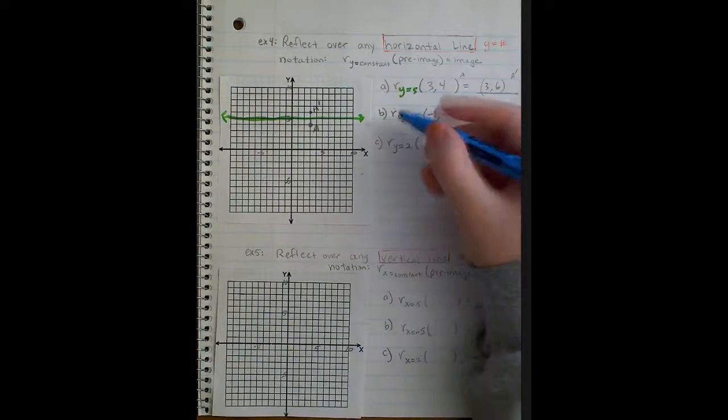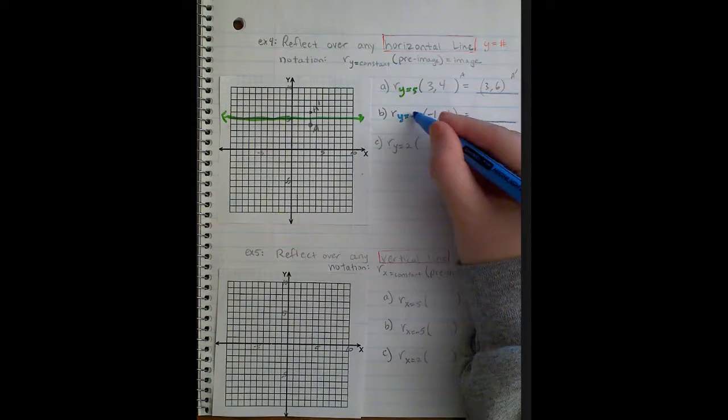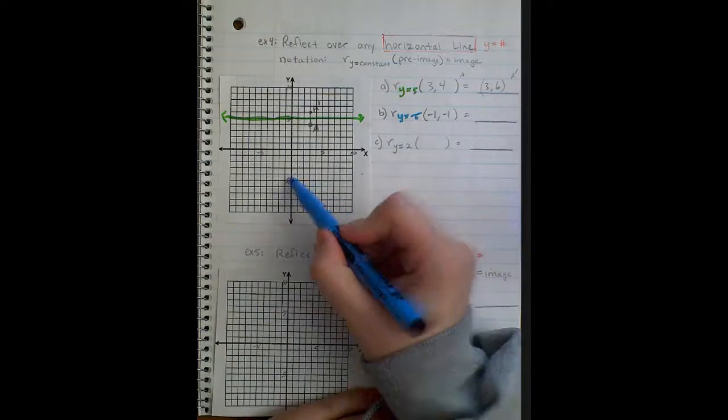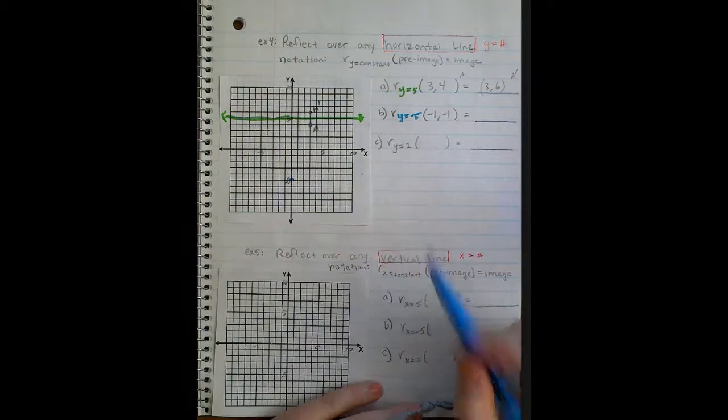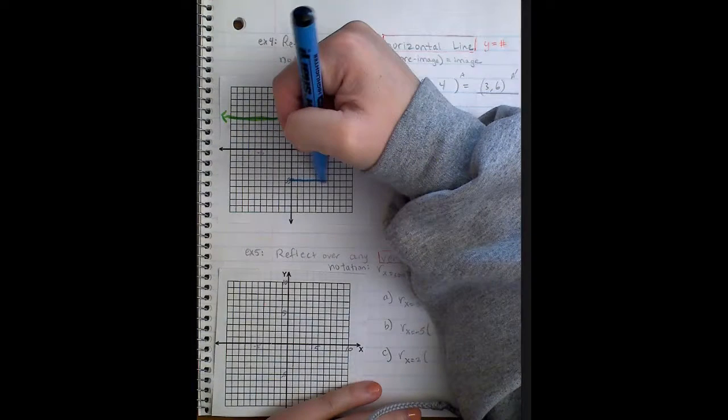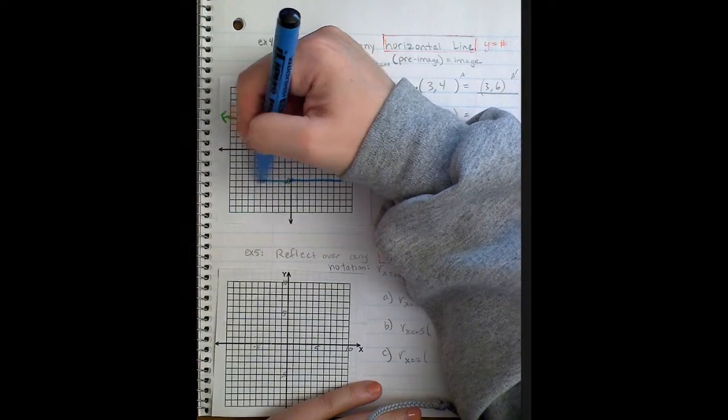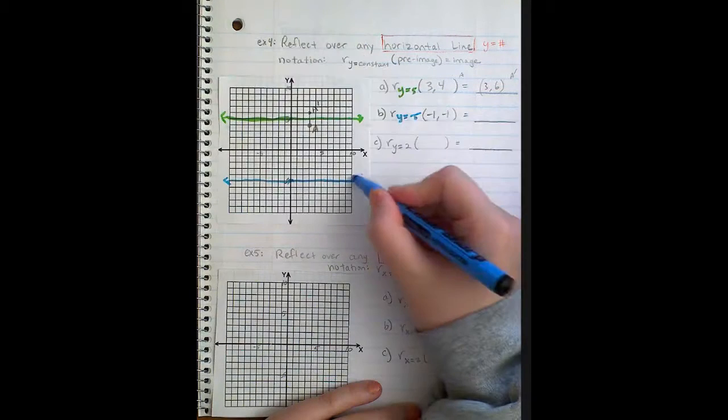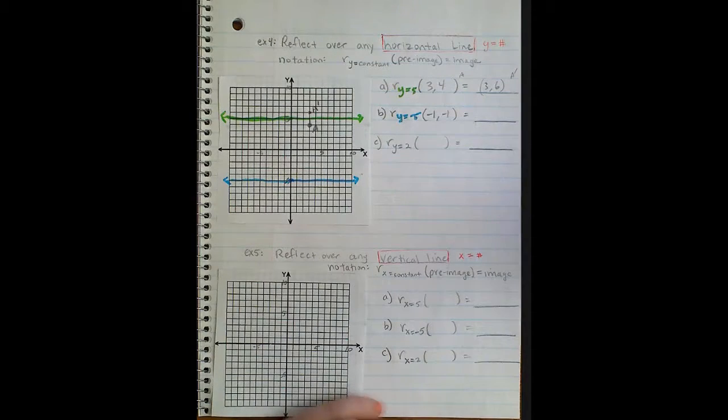The next example says reflect over the line y equals -5, and we'll use the point -1, -1. So first step is we need to find our line of reflection. So find where y is -5. There's my line of reflection.